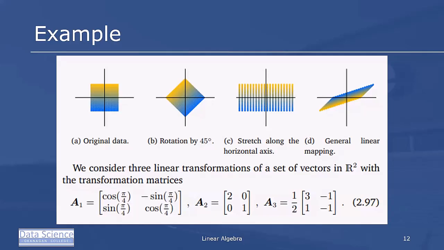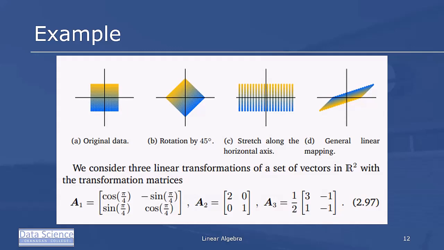What we have in this diagram is a set of vectors shaded from yellow to green to blue in the shape of a square. That's our original data. And what we do is we're going to apply some transformations to that.